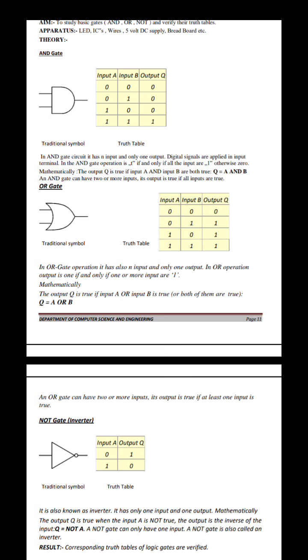We give the A input to the IC's first pin, and the other input B is connected to the second pin. Then the seventh pin is a ground potential, the 14th pin is the VCC supply. Then we take the output from the third pin. That third pin is connected to the LED. Based on that LED glow, you verify the truth table.